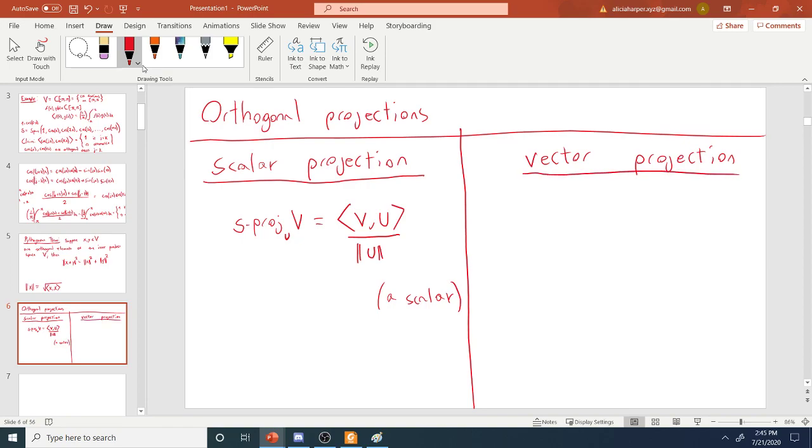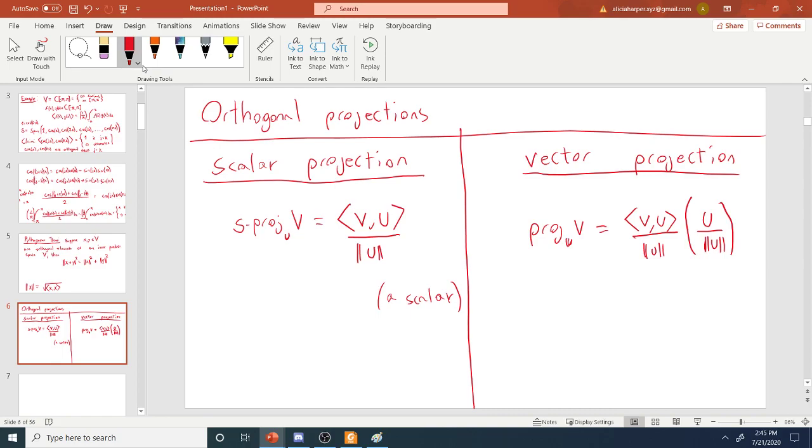Now, the vector projection is just denoted by proj. The projection of v onto u is defined to be, well, first you take the scalar projection of v onto u, and you multiply this by a vector, and your vector is going to be the vector u divided by its norm.